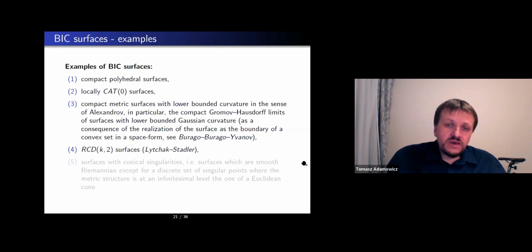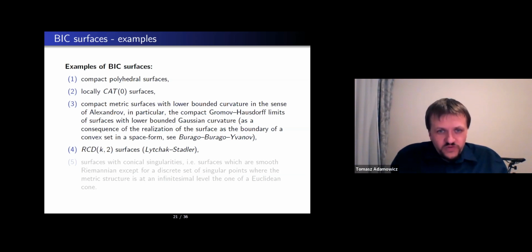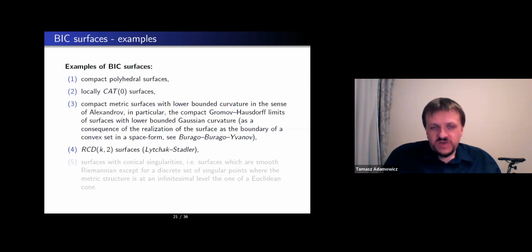Recently, Lytchak and Stadler also proved that RCD(K,2) surfaces are Alexandrov surfaces. I don't want to step into the definition of RCD spaces, but this acronym stands for Riemannian curvature dimension spaces, and it's a very fruitful approach to studying the generalization of Riemannian geometry in abstract metric spaces.